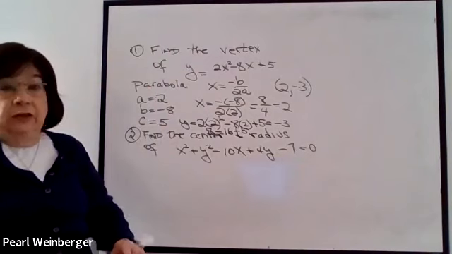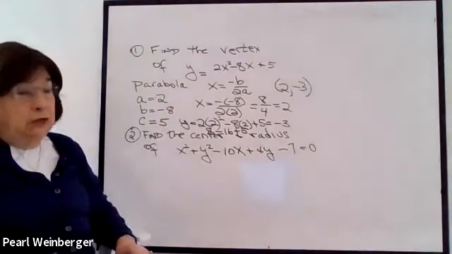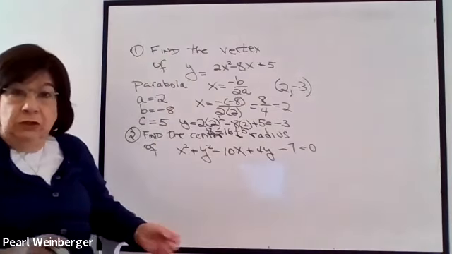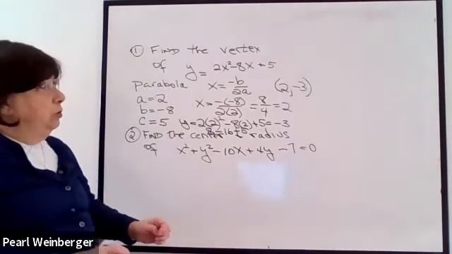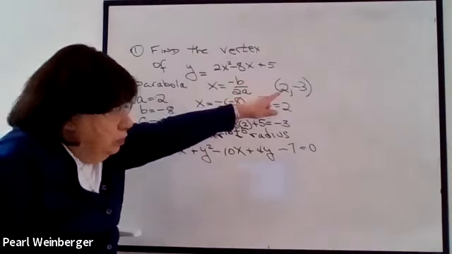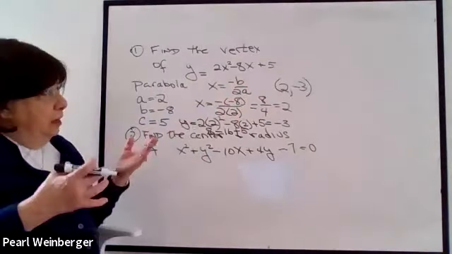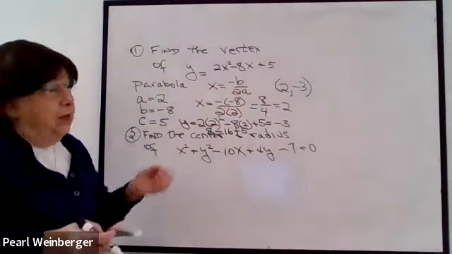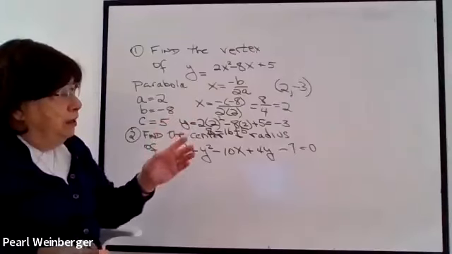The other thing is they might give you several pictures and ask you to determine which is the correct picture. So the first thing you're going to want to do is locate the vertex. There are not going to be too many that have a vertex at 2, -3.